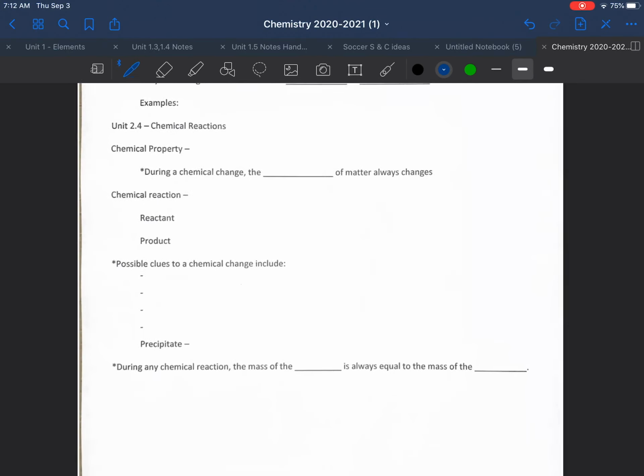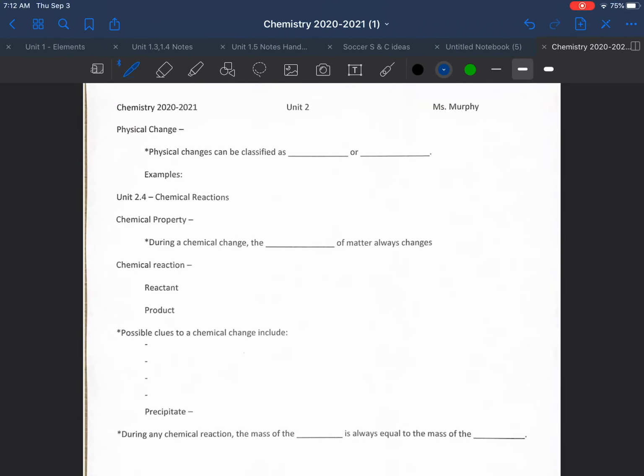Okay, now looking more closely at physical change, I wanted to point out that physical change and chemical change, knowing the difference is going to be important, but we will do a class activity today to help differentiate between these two things.